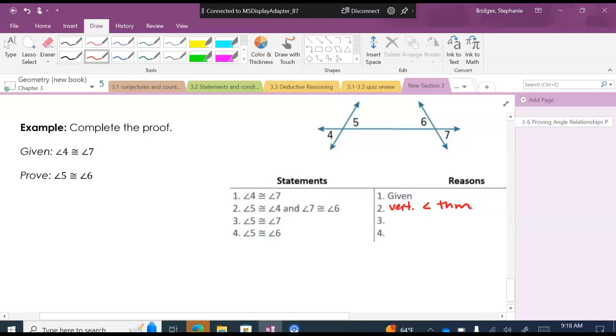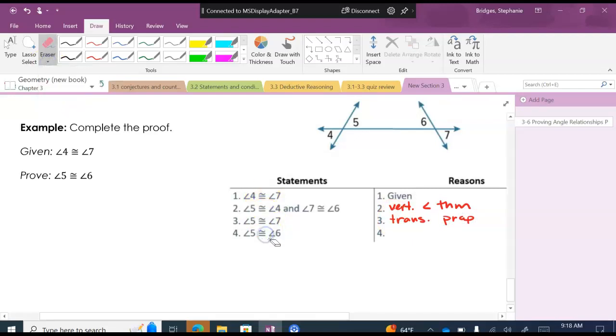All right, and then let's look at this. If 4 is congruent to 7 and 5 is also congruent to 4, then 5 is congruent to 7 by what property? Five is congruent to 4, 4 is congruent to 7, 5 and 7 are congruent because of the transitive property.